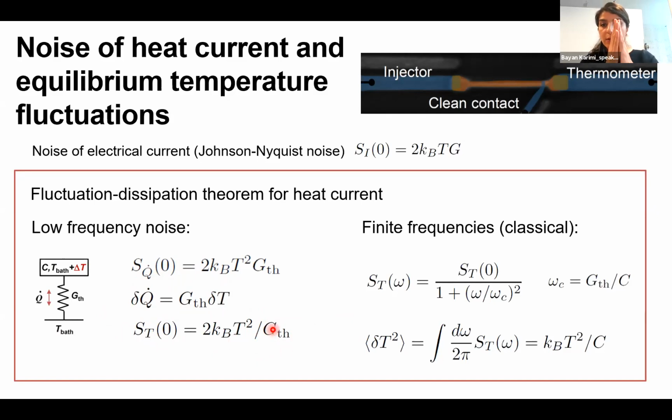Of course, if one can use the full bandwidth of the measurement, then we have a cutoff at omega c, which is given by G thermal divided by C, the heat capacity. And if one integrates over all frequencies, we have an expression which only depends on the heat capacity, not the thermal conductance. But here we are not measuring with the full bandwidth, only the low frequencies, so the element that we can directly measure is the thermal conductance.